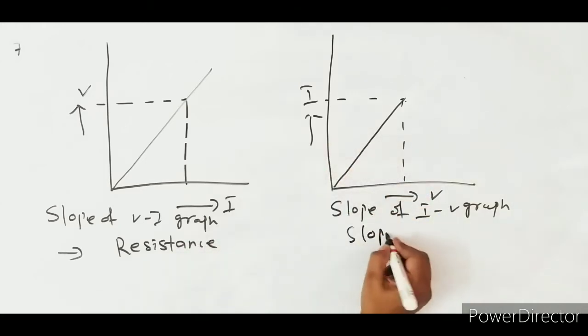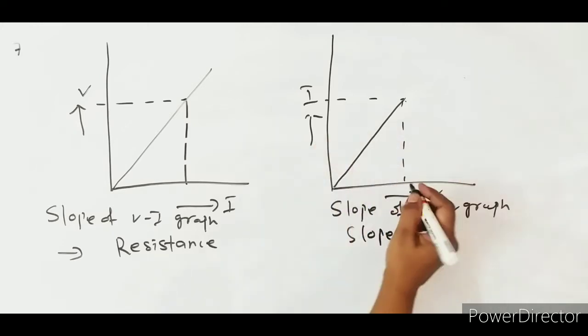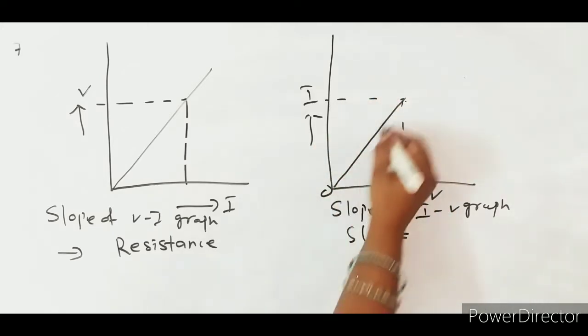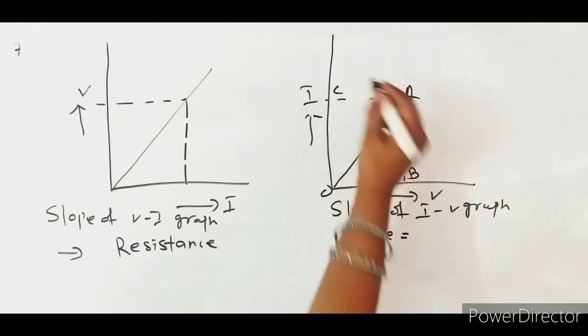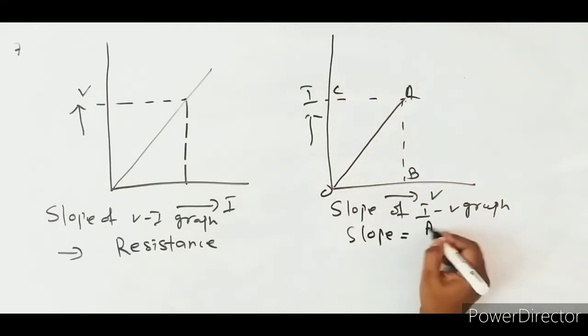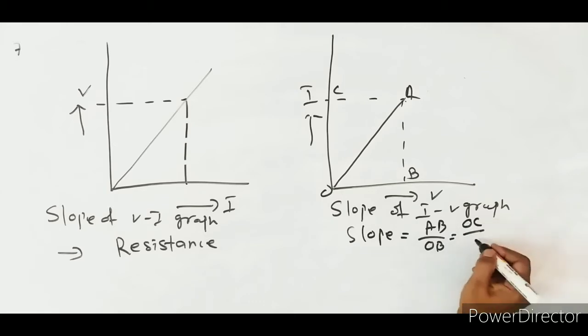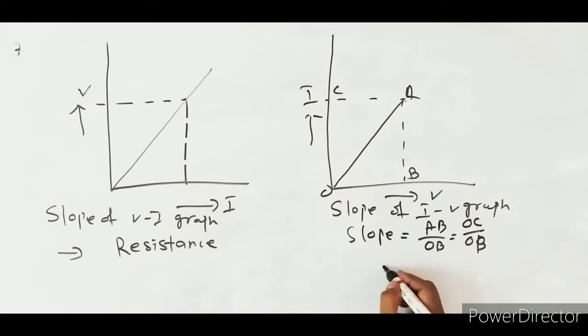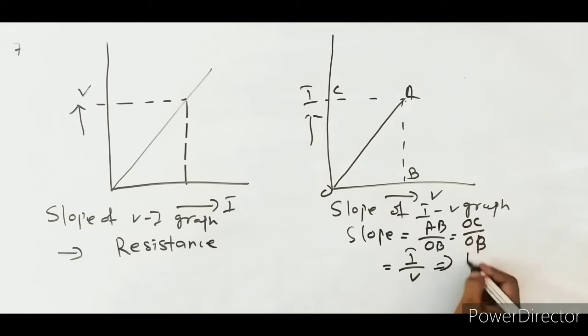Slope is equal to, here with points O, A, B, C, AB by OB, which equals OC by OB, which is I by V. What is I by V? I by V is nothing but 1 by R.